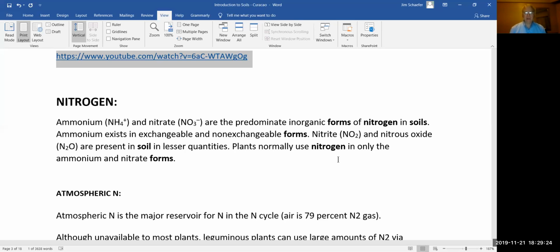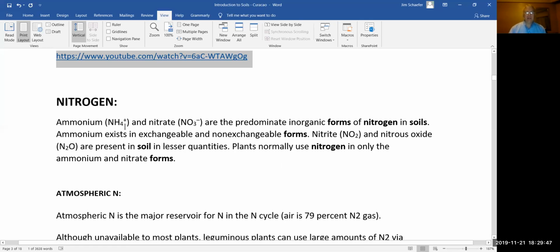If the element has one charge, like you'll see here in a chart that I'm showing you, the element ammonia, NH4+, has 1+. So it's one positive charge.